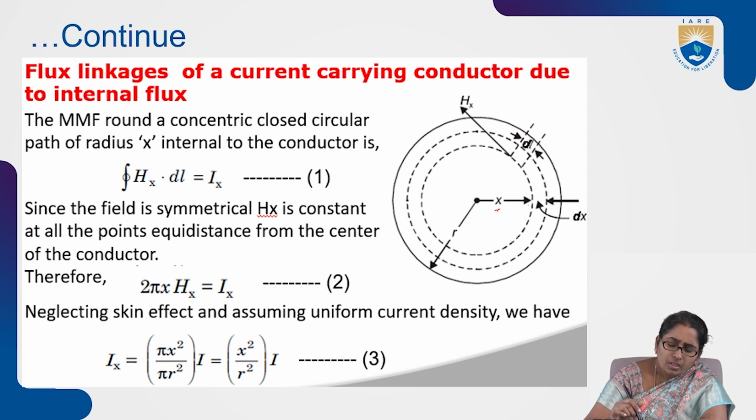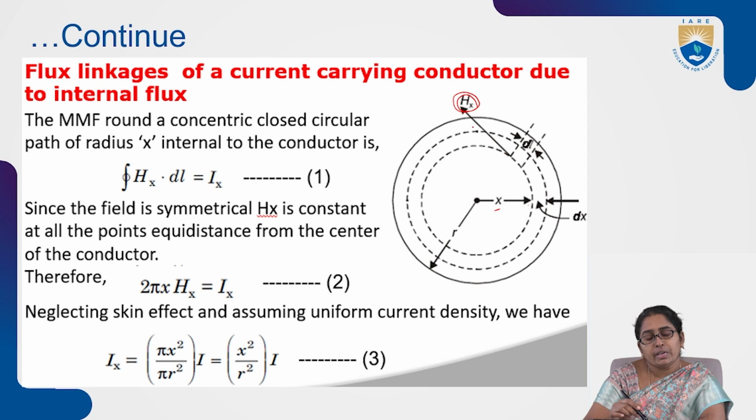Now we take the magnetic field intensity H. First we get the magnetic field intensity H on the surface of this cylinder.